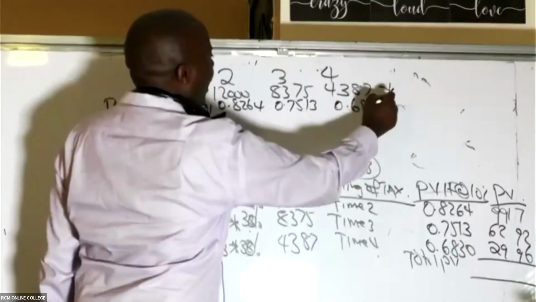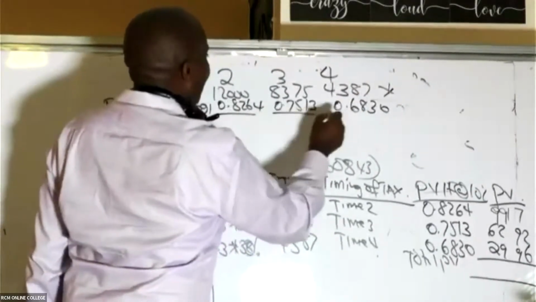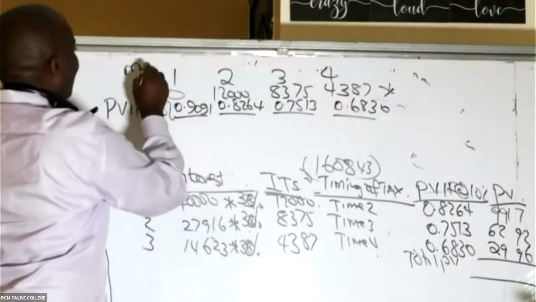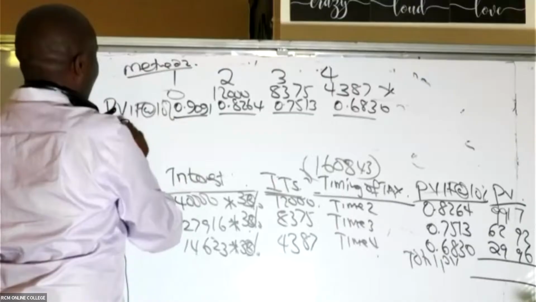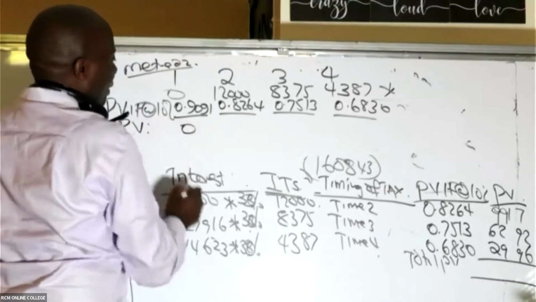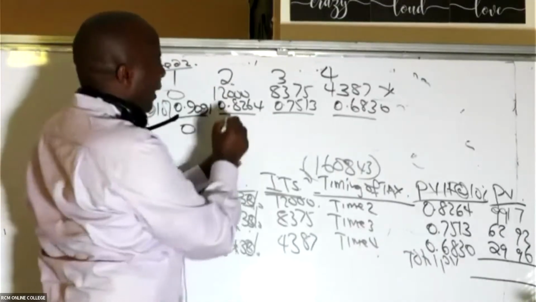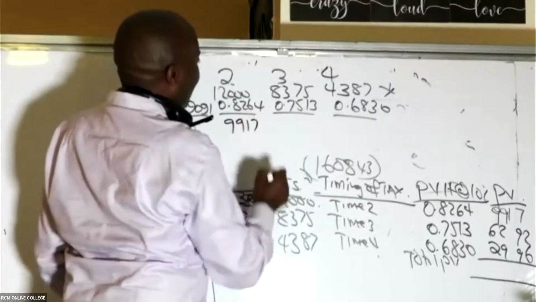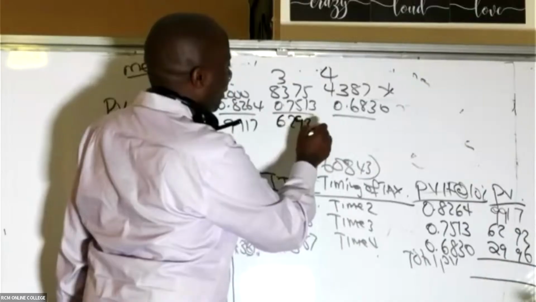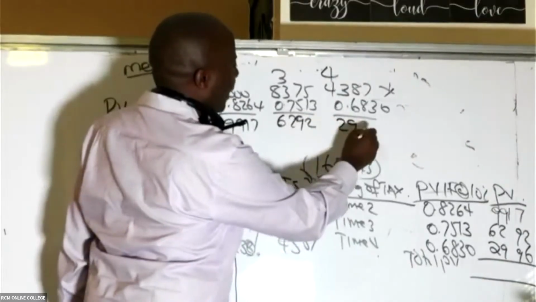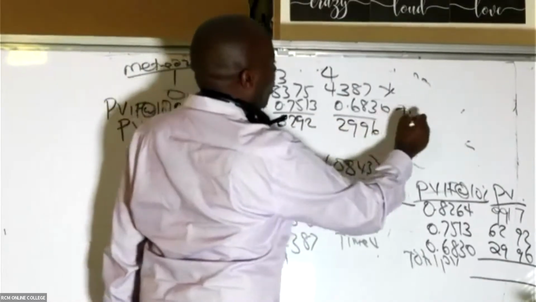So please go ahead and multiply. So this is method 2. Go ahead and multiply to get, in this case here, the present values. This will be 0. Here, this will be 9917. This one here will be 6292. This one here will be 2996, giving us what total?